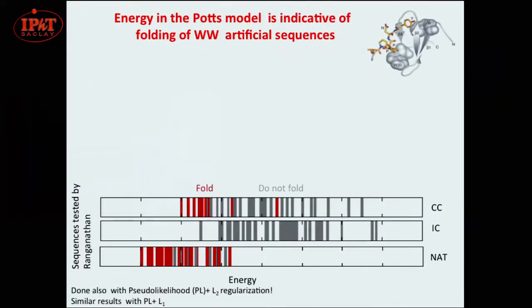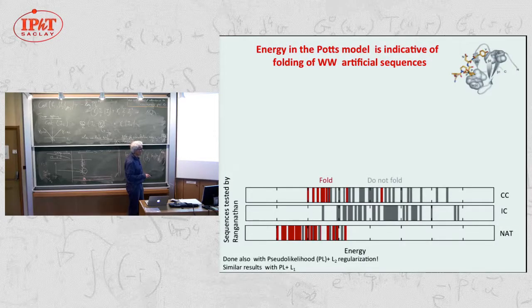I take the sequences generated by Rama Ranganathan, either the one which respects the pairwise statistics, the one which respects only the 1-point statistics, and the natural sequences. Now what you can do is put this as vertical bars. Each vertical bar is a sequence, and here you have the energy computed with the Potts model inferred from the data.